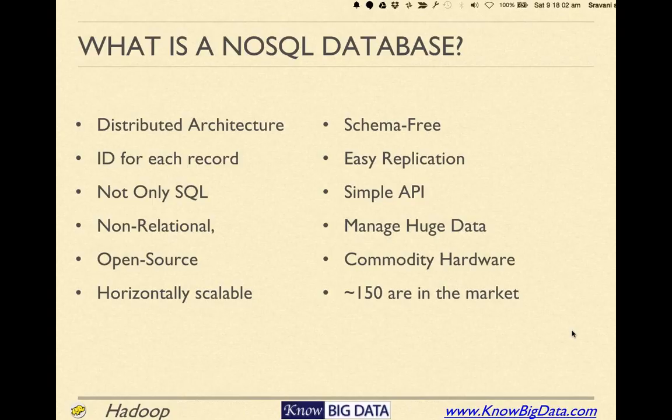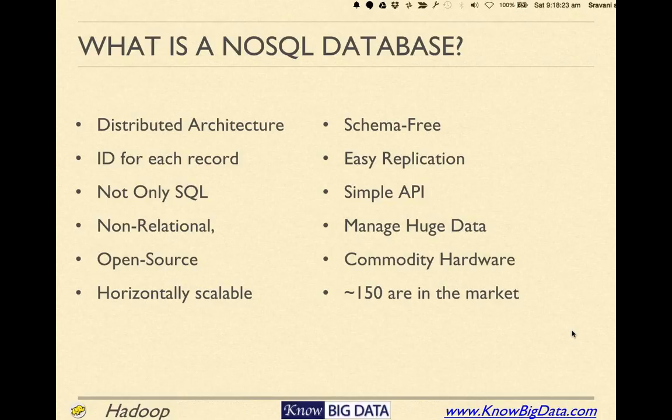What does it mean by schema? The way we were defining the table in Hive, and we were upfront defining that these are the columns and these are the data types of columns, and there's a referential integrity.